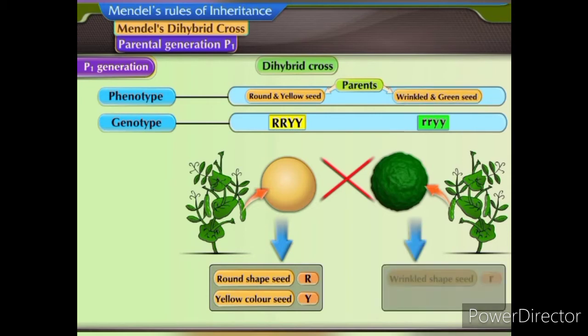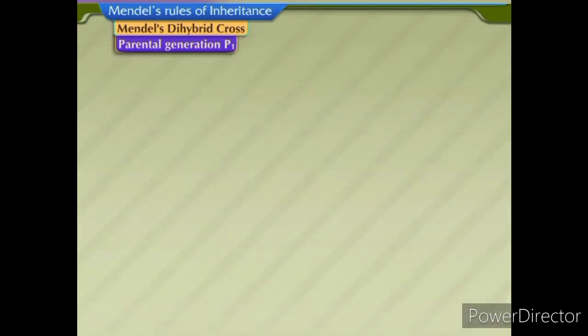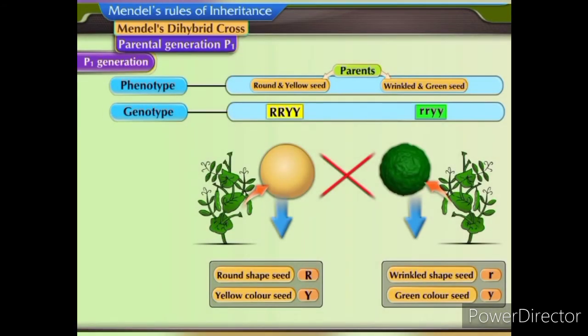The letter r denotes wrinkled seed and y denotes green-colored seed. Hence, the genotype of the parent is rryy. The two parent plants are then crossed, that is, RRYY crossed with rryy.